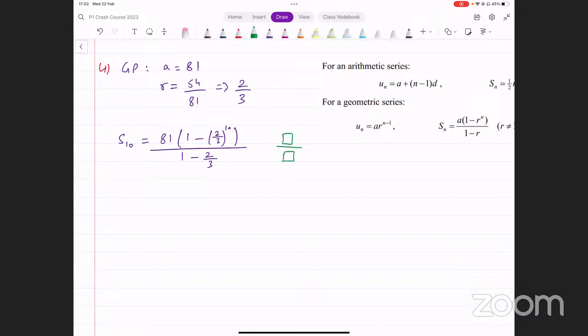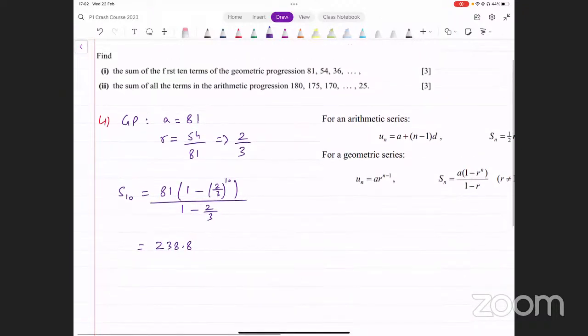Don't rely on brackets because it ends up being very prone to errors. I would recommend that you use the fraction button properly. And then you can just input this directly in your calculator. That's going to give you the result. All right. So this turns out to be, just confirm, 238.8. That's the sum of the first 10 terms of this GP. That's what we had to figure out.